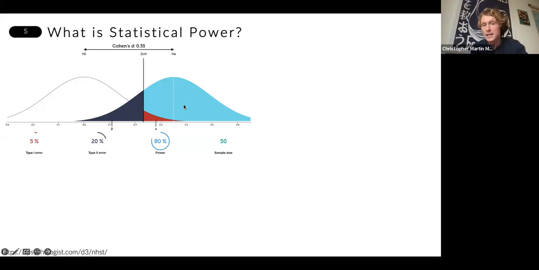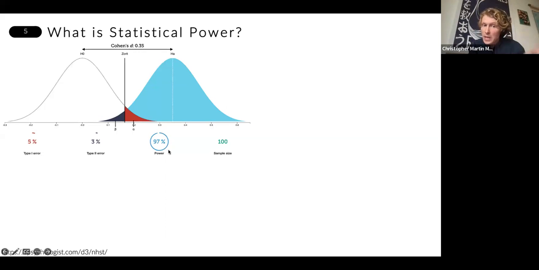So if, for example, we had a sample size of 100, which we can see here, then we have a lot more statistical power. We have a greater chance of actually detecting an effect if it's there. We only have a 3% error rate, indicating that, again, we can be fairly confident in the results if they do show a significant result.